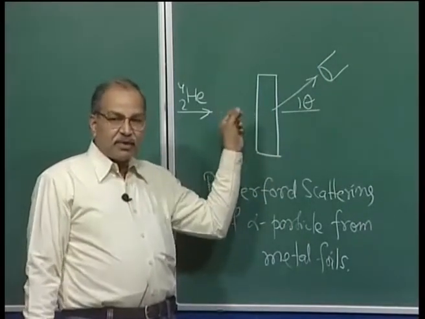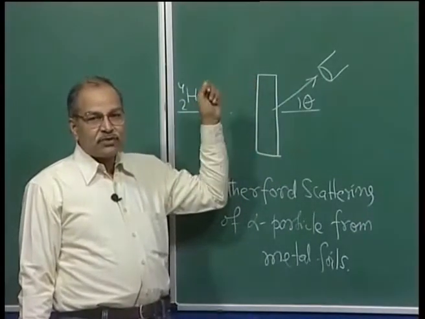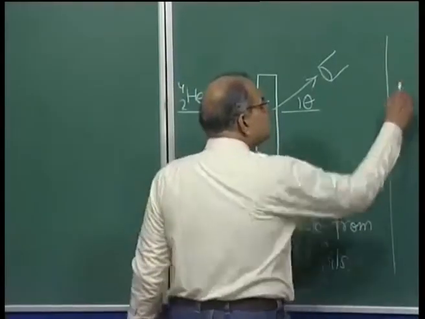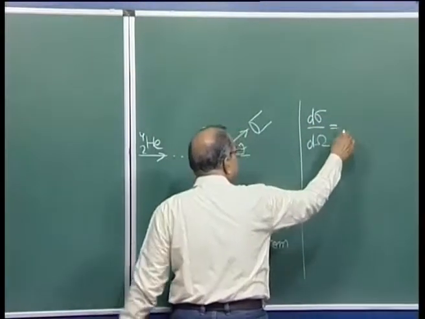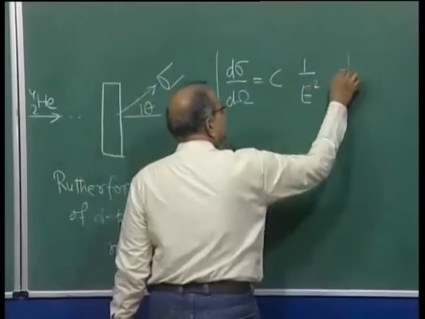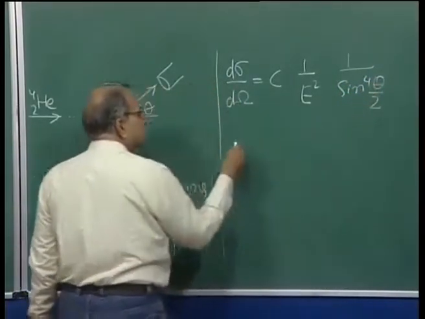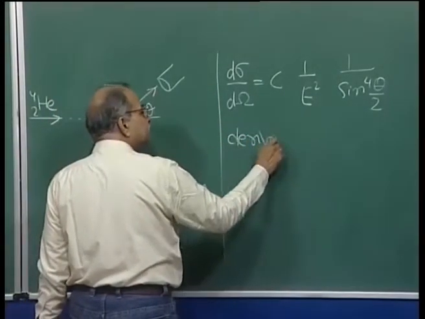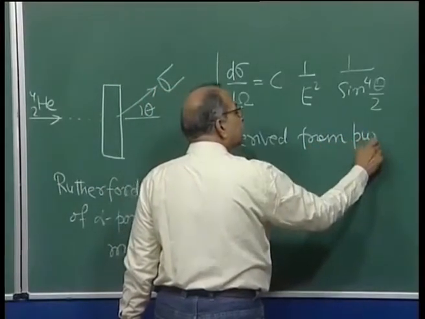But the interaction part, what deviates it, that interaction part is in what you call differential cross section, and that is d sigma d omega, which turns out to be some constant, and then energy square in denominator, and the angle dependence is here. This is derived from purely Coulombic interaction.